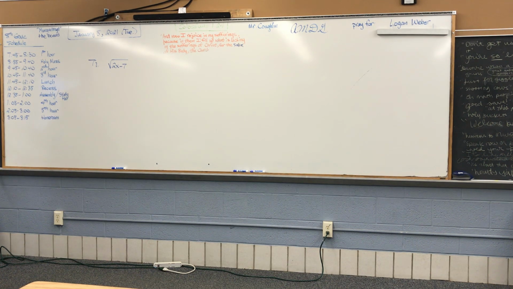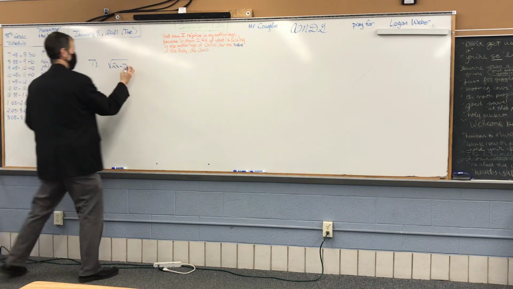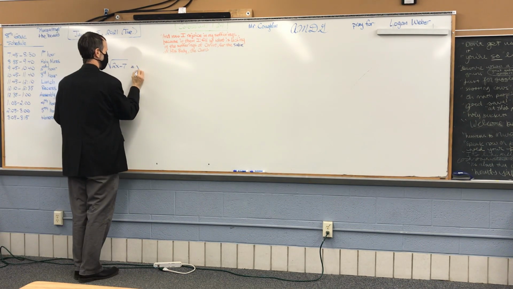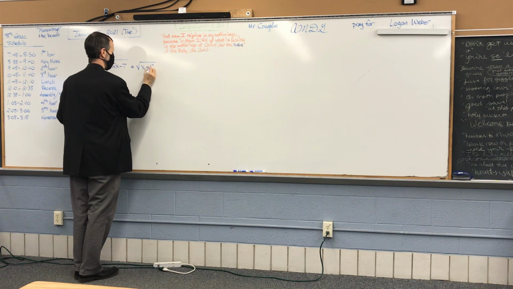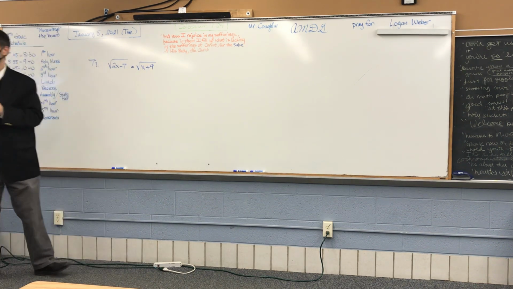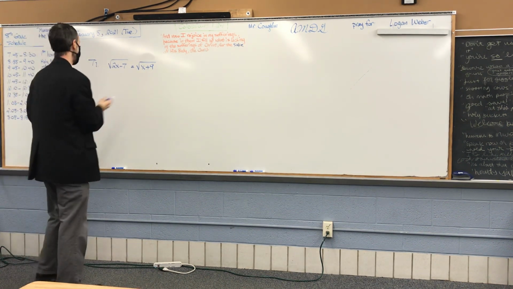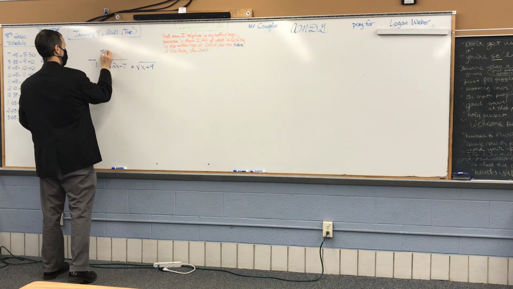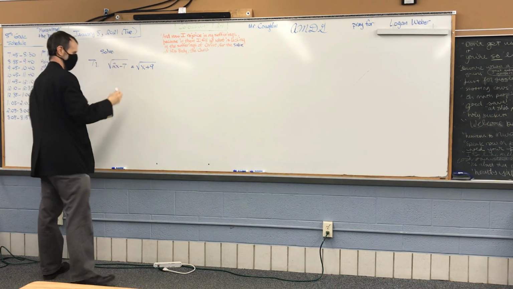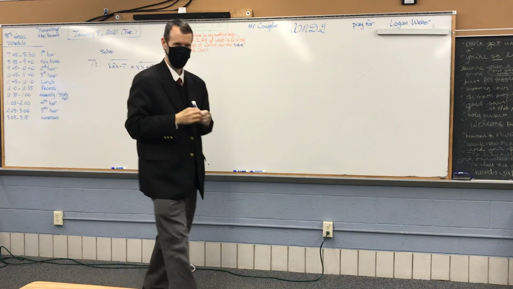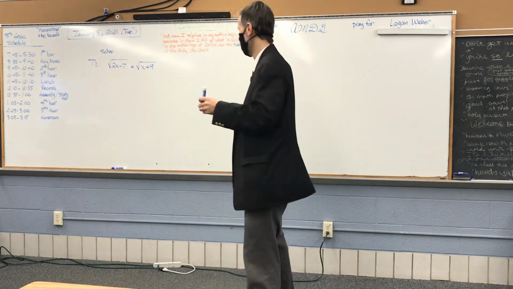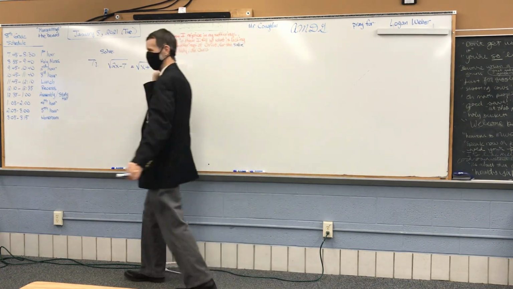It's really funny. The radical 2x minus 7 is equal to radical x plus 9. The very first thing, they're asking you to solve for x. There are 2 immediate problems. First, there are radicals everywhere.